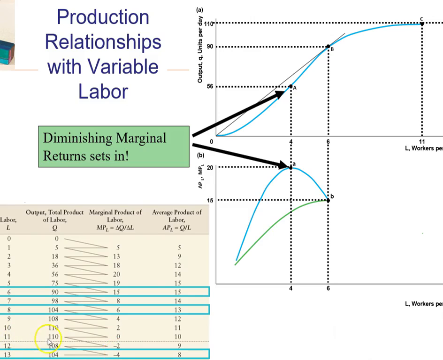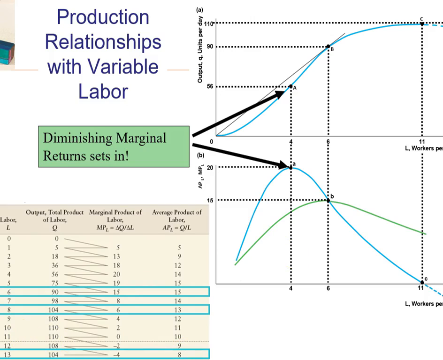So that 11th worker hired, look, output didn't change, so your marginal productivity of labor there is 0. And so this blue line will hit 0 when you have 11 workers. There we go, 0. And what's happening to average product of labor? When you have 11 workers hired, it's still positive and stays positive as you have workers hired 11 and beyond. So there's your average product of labor.